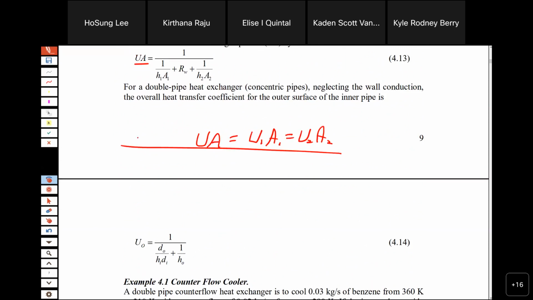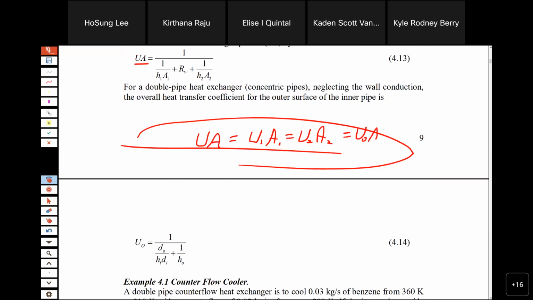Whatever you call, for convenience, you can do that. Or U0, A0, whatever. Out is outside, I is inside. So just the UA product is the same.